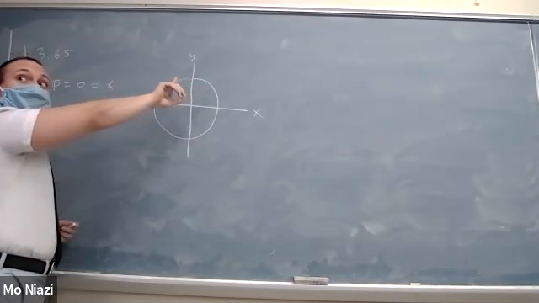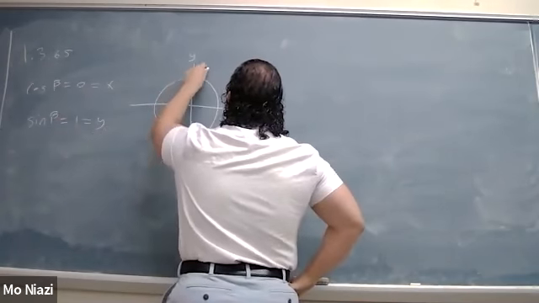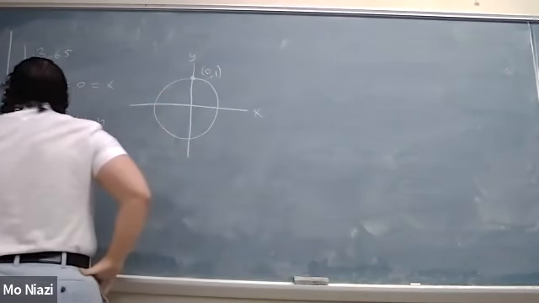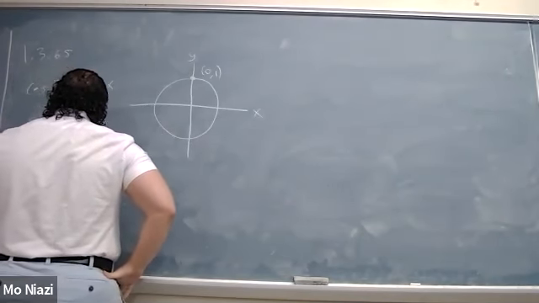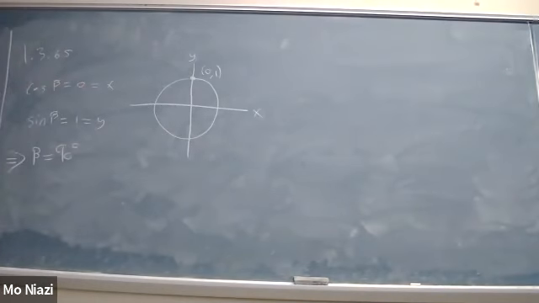You guys think it's 90? Yes, you're right. Because at 90, the x is 0, the y is 1. So that implies beta has to be 90 degrees.